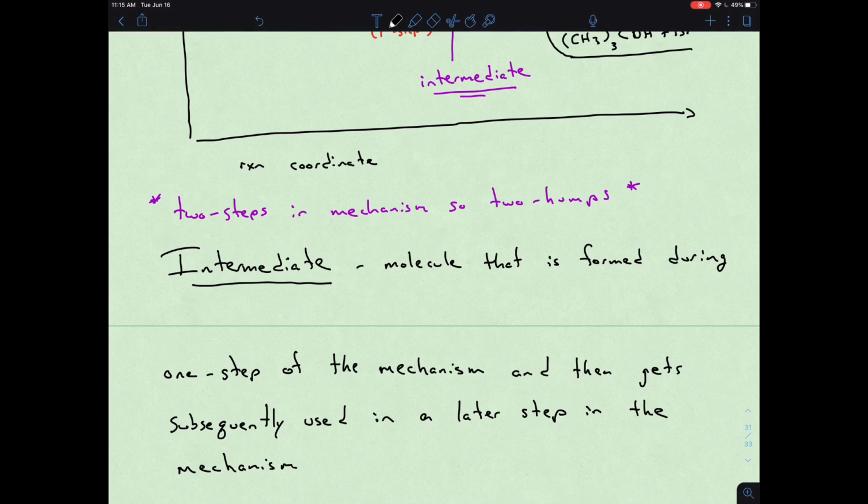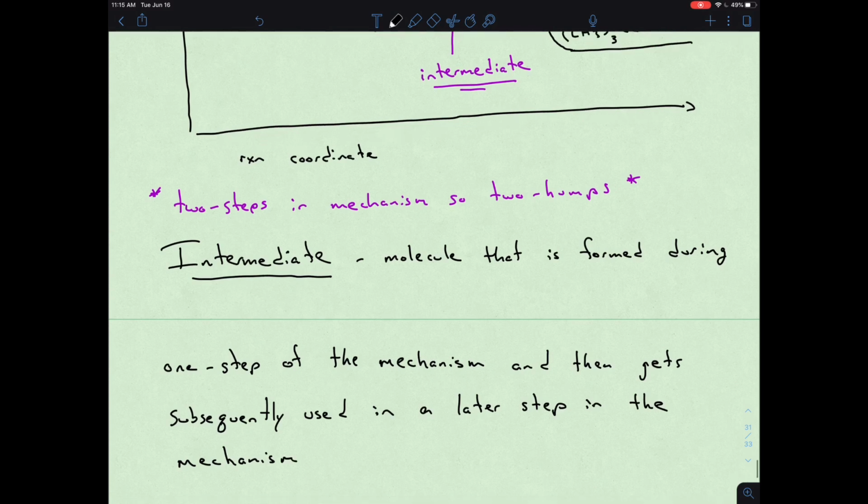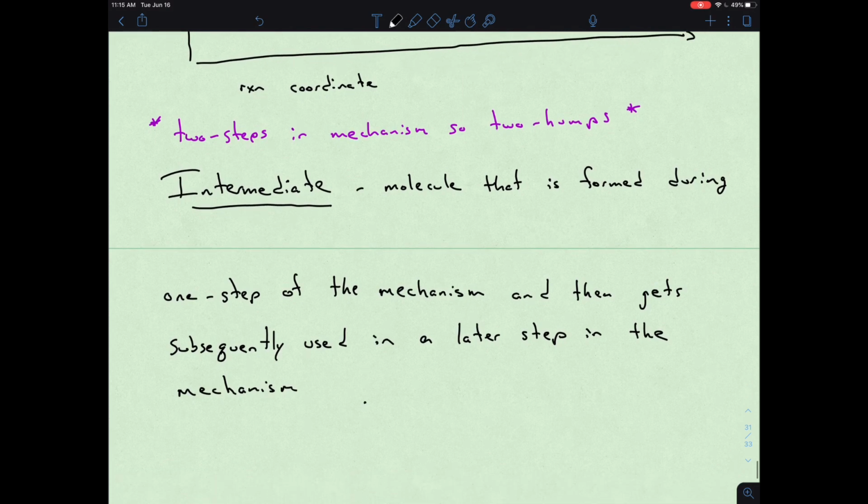So it gets produced, and then it actually gets used up. And in this case, our intermediate would equal the carbon that has the positive charge.